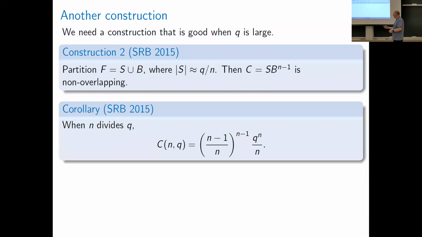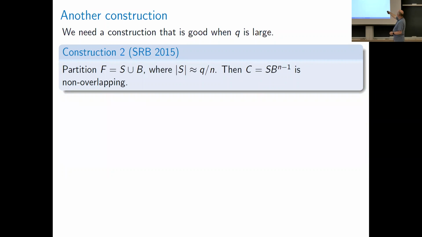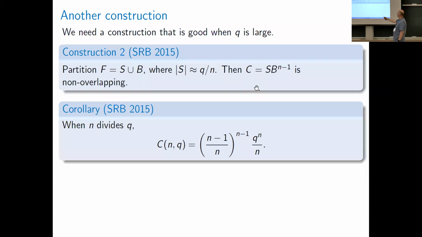Well, I've got about 1 over n times q choices for the first position, and about n minus 1 over n times q choices for each of the remaining n minus 1 positions. So when n divides q, the size of this code is exactly n minus 1 over n to the n minus 1, times 1 over n, times q to the n.